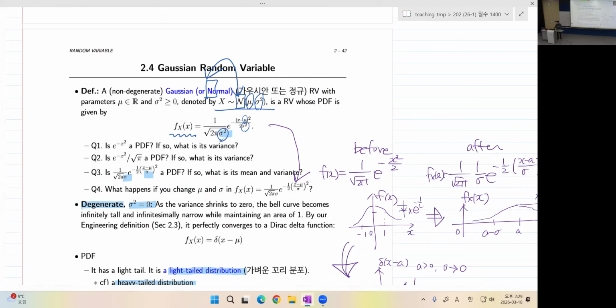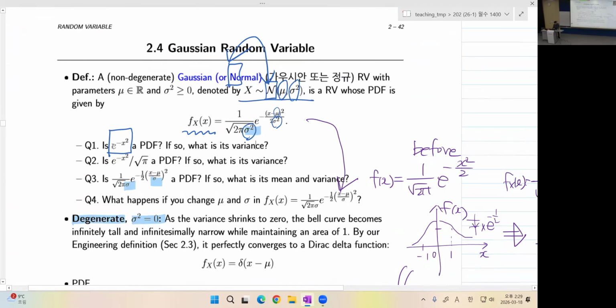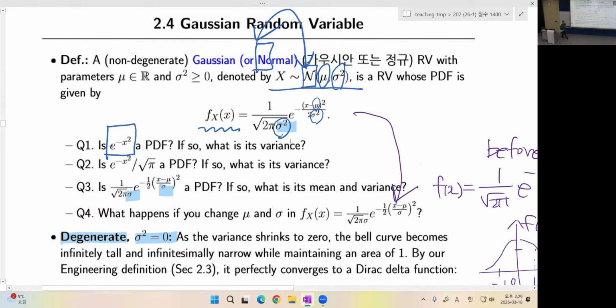So let's start from this simple function. Very, very simple. So what is the shape of e to the negative x squared? It's symmetrical. And if x leaves from the origin, what happens? Since negative x squared is this way, e to the negative x squared should be decreasing very fast and symmetrical.